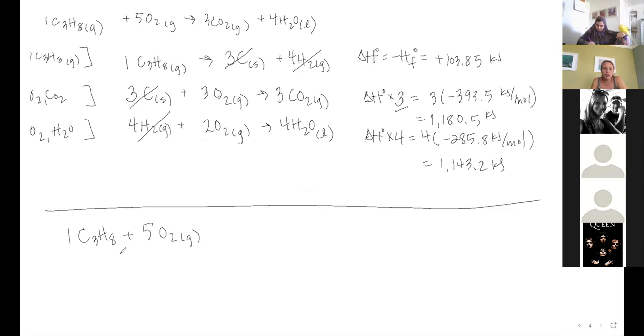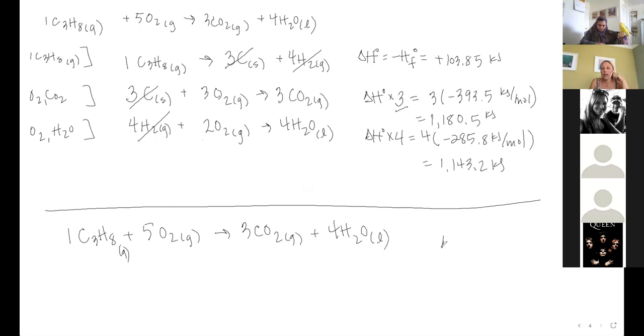Sorry, propane's also a gas. Going to 3 moles of carbon dioxide gas plus 4 moles of H2O as a liquid. So this equation should directly match your starting equation. Otherwise, you need to have either an additional reaction equation or you need to check your math. Check your balance, check your math.